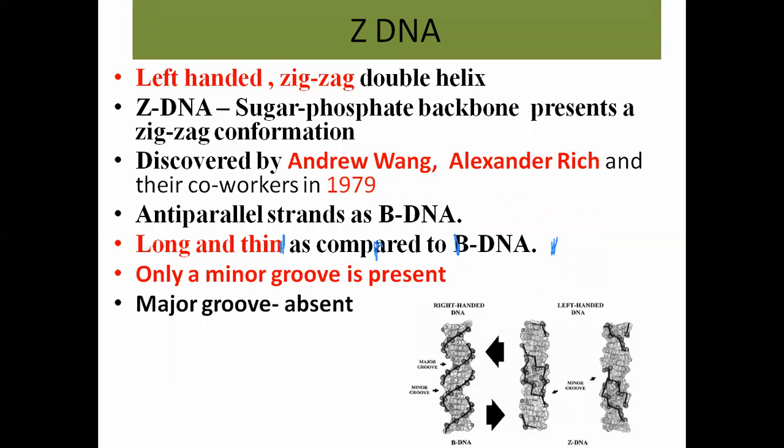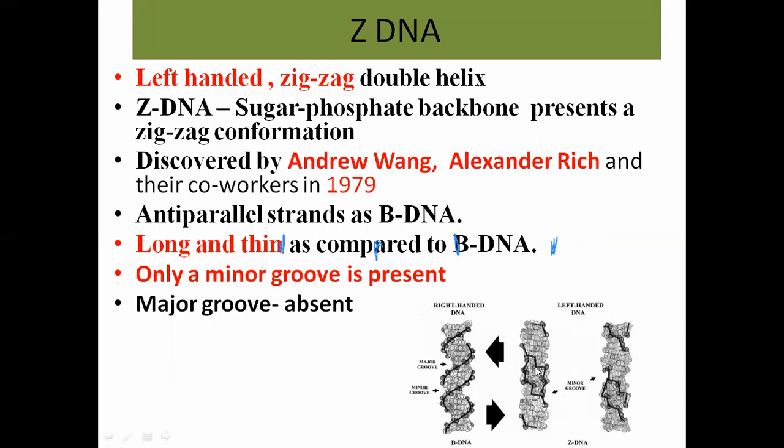All these four types are right-handed double helixes. But ZDNA is a left-handed zigzag double helix. Z for zigzag. Why is it known as ZDNA? Because the sugar phosphate backbone presents a zigzag conformation.